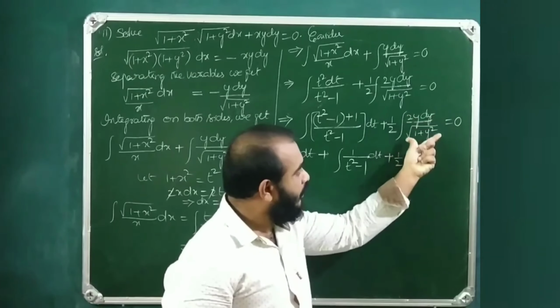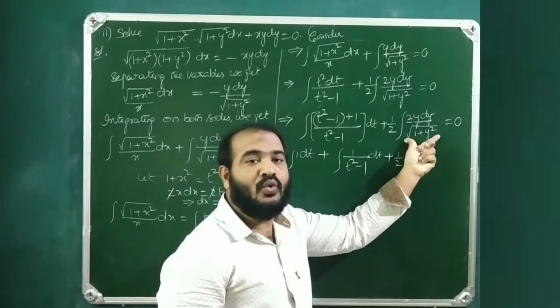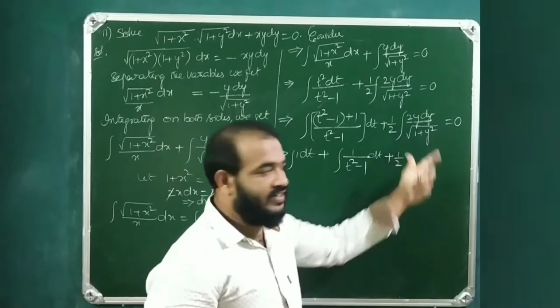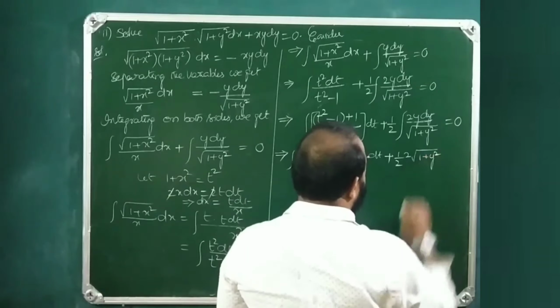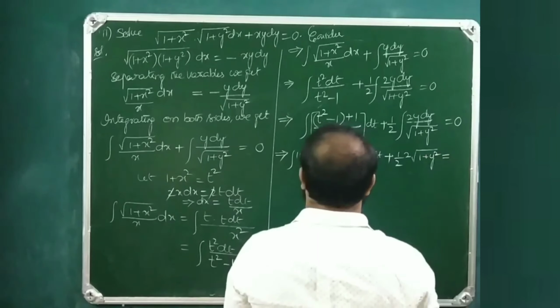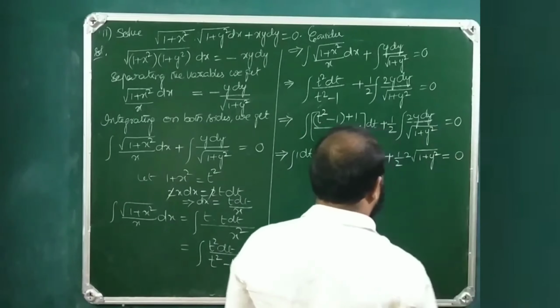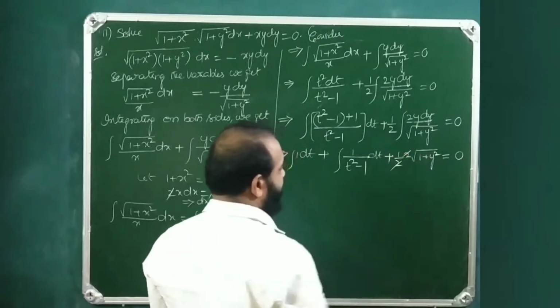Therefore this is f'(y) by √f(y), so 2√f(y). Remember the result: 2√(1+y²) equals 0. So this 2 gets cancelled.